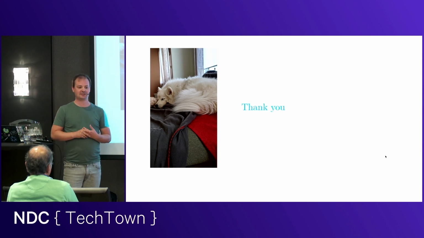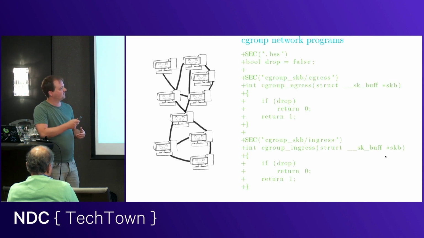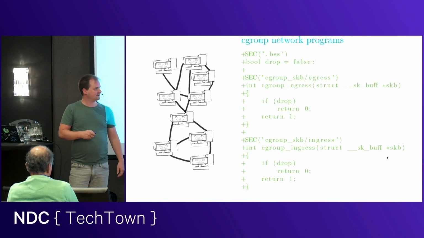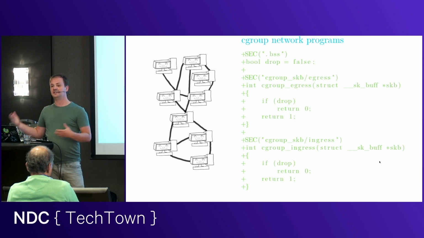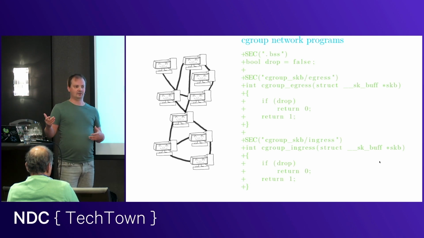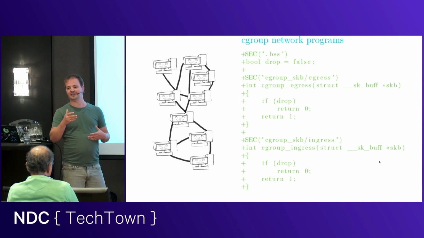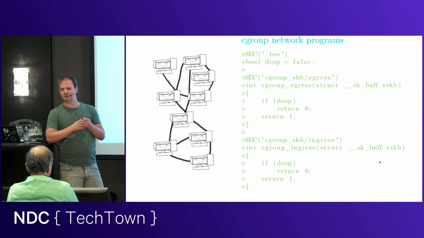So the question was, is it the case that in this SK buff, some of the fields exist but are not readable, and how is that enforced? Is it the compiler, the verifier, or something else?